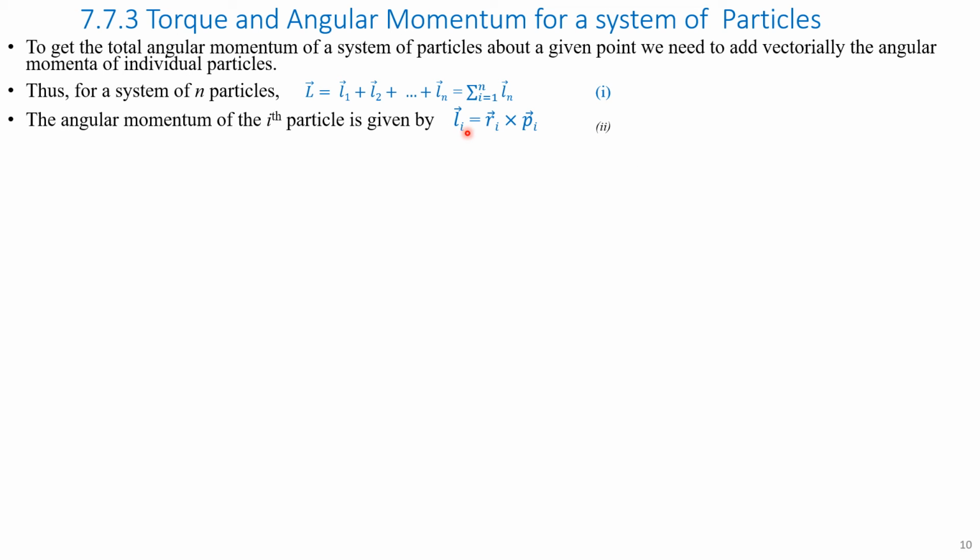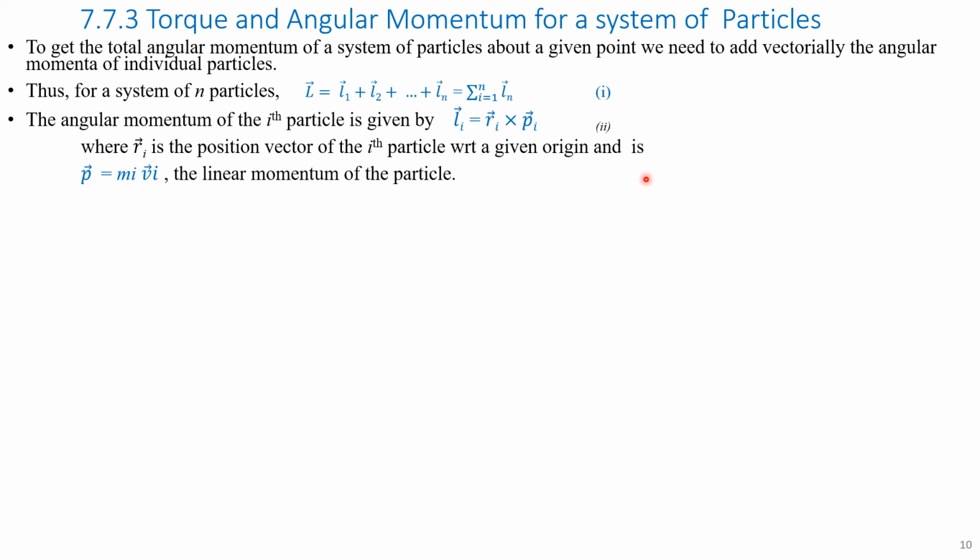That is, Li is equal to Ri cross Pi, where L, R and P are vectors, where Ri is the position vector of the ith particle with respect to a given origin and P equals Mi into Vi, the linear momentum of the particle. So in equation 2, the right hand side is the linear momentum, and the left hand side is the angular momentum.